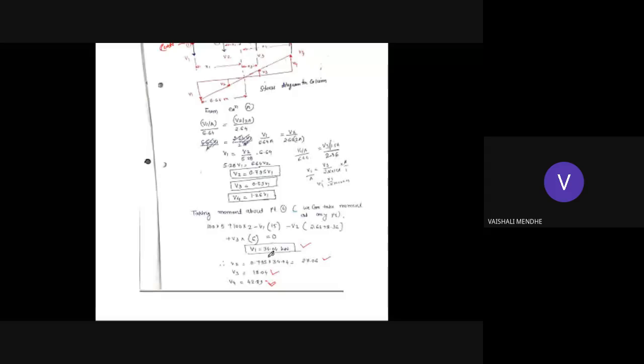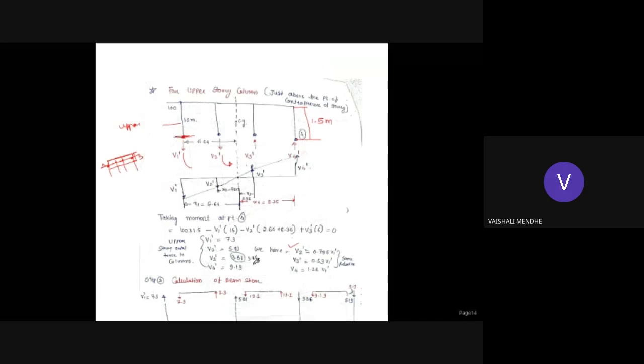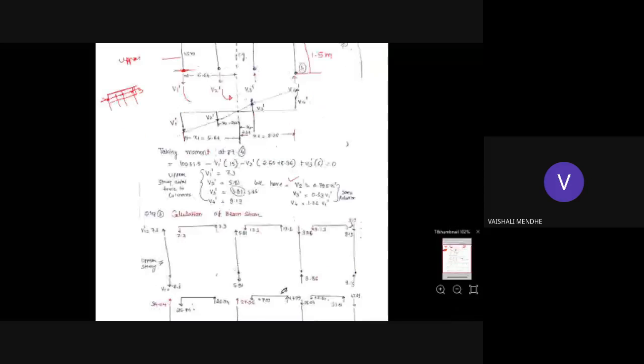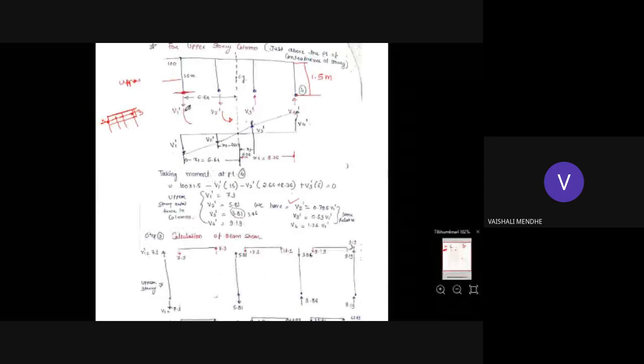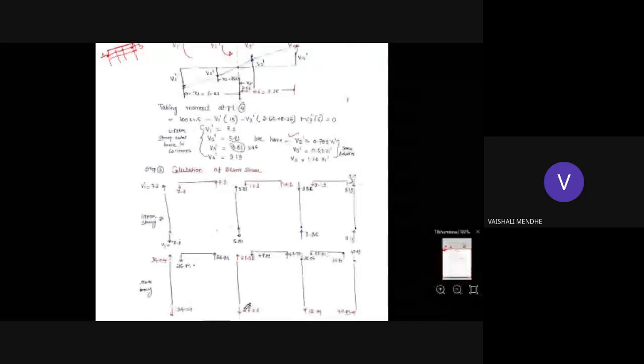Okay, all values are positive. Positive means we are considering this as a force is developed is the tensile nature. Negative means we are saying the force is developed, it is the compressive force. Okay, you have to show it like this. You can see here, this is the first is 34.04.